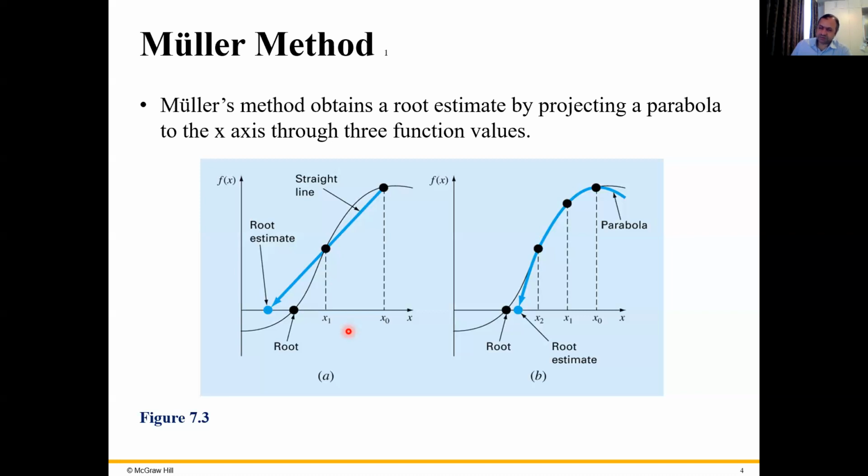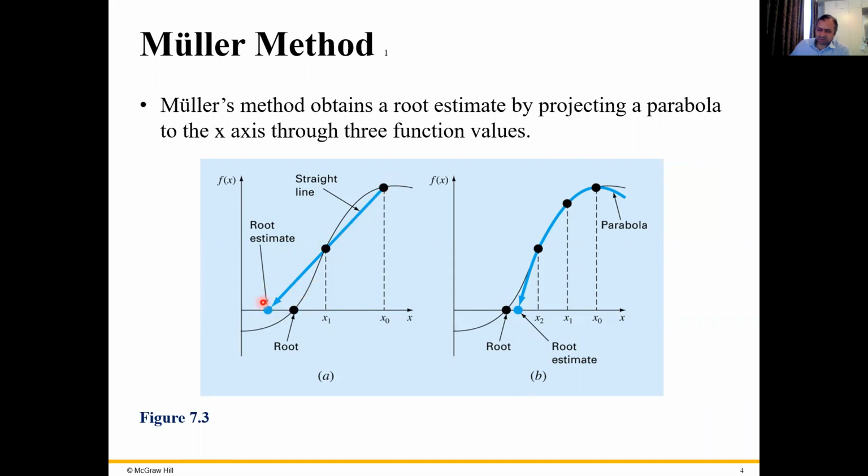In the secant method, you take 2 points on the curve, x0 and x1, and then we extrapolate those points to cross the x-axis by a straight line. Where that straight line meets the x-axis becomes our next root estimate. So we are using a straight line.